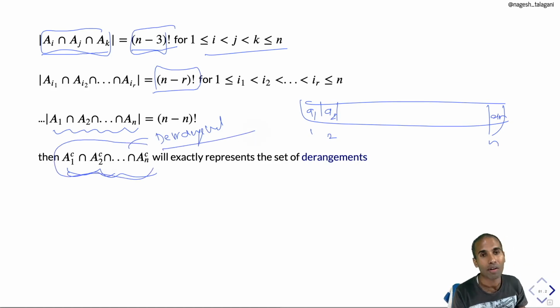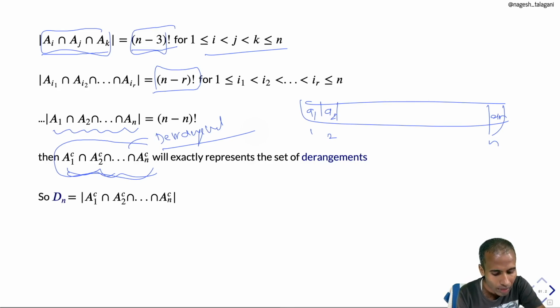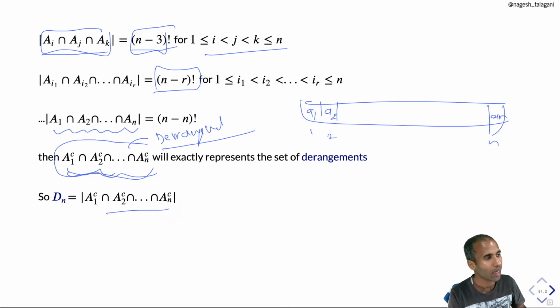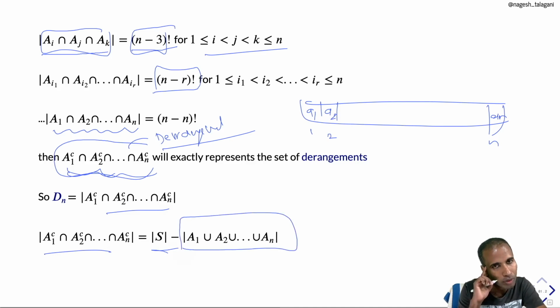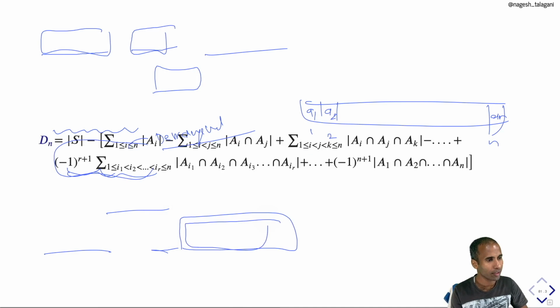Now we are interested in the count of this particular set. So Dn is going to be what? The number of elements in A1 complement ∩ A2 complement ∩ ... ∩ An complement. I mentioned a useful fact earlier: the number of elements in A1 complement ∩ ... ∩ An complement is going to be the number of elements in S minus the number of elements in A1 ∪ A2 ∪ ... ∪ An. Using the principle of inclusion-exclusion, this can be replaced with the following expression.